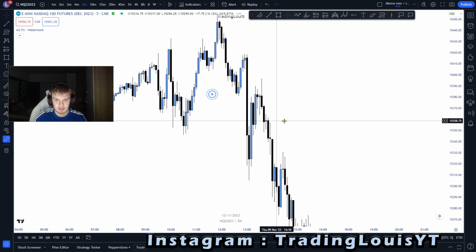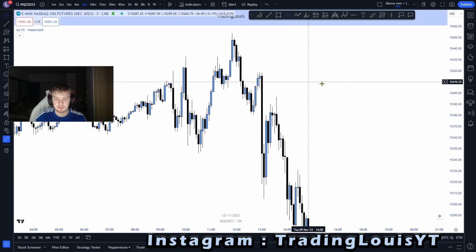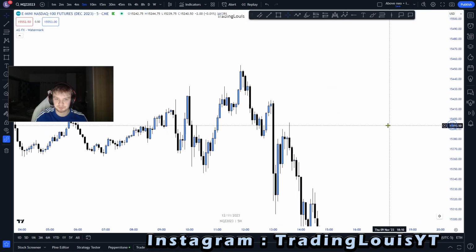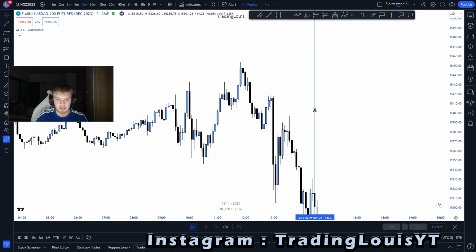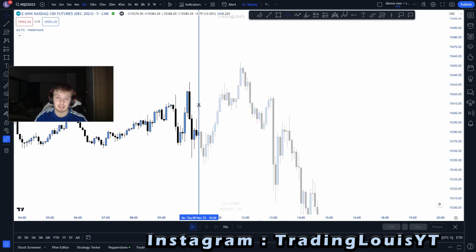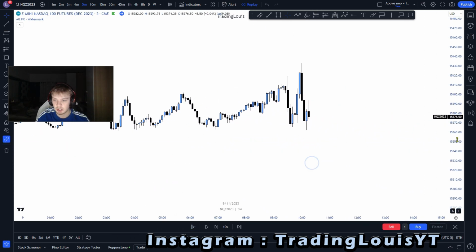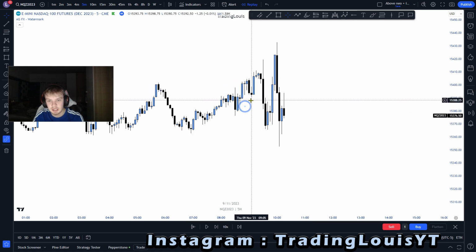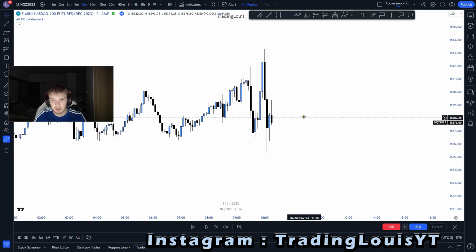So let's go to another day of trading. Let's go to Thursday, and let's look for any potential inversion setups and talk about them. If we were trading this day here, what we would do is look at how price reacts at 9:30. You can take potential trades before 9:30, but I personally don't really like doing it.